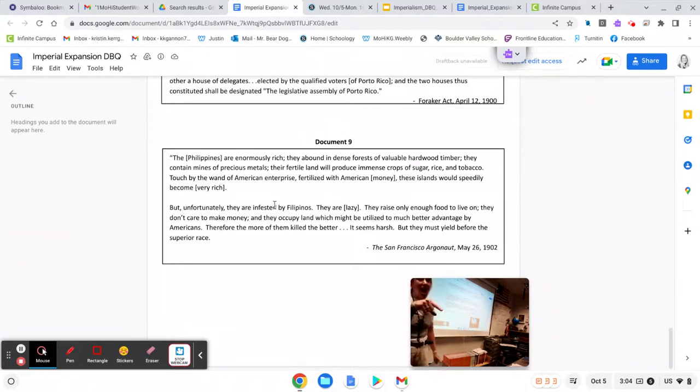And we even acknowledge it in this paragraph that, oh, I know it seems harsh, which is that last line there. It seems harsh, but they must yield before the superior race. And if you were to quote that, the San Francisco Argonaut, May 6, 1902.